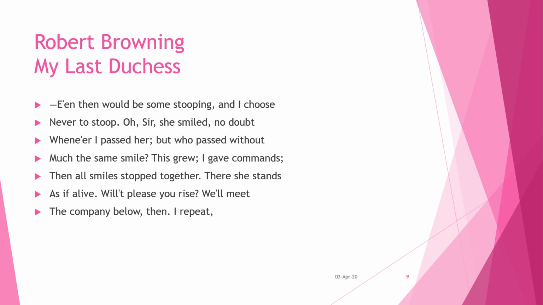Oh, sir, Robert Browning here is being ironic. Again, before, "Oh, sir," he says, "I never stoop." And then, "Oh, sir," he is speaking to the silent speaker as if he is someone very important.